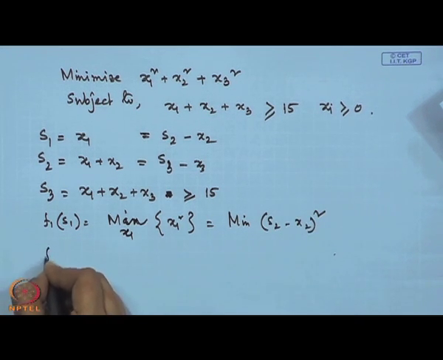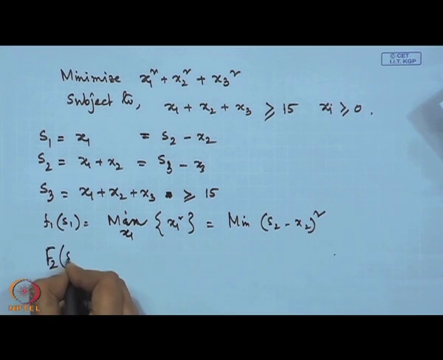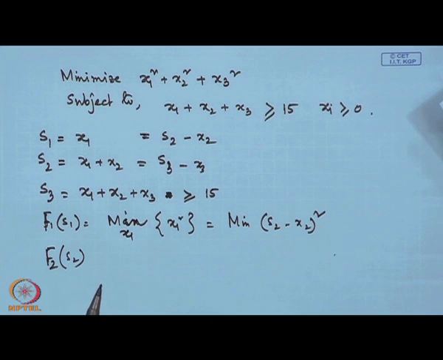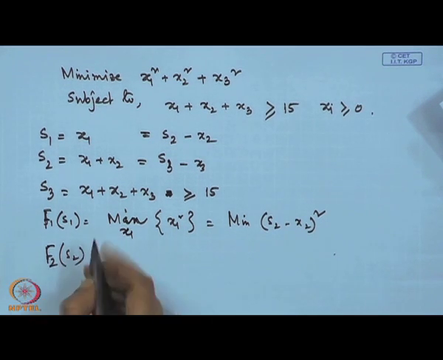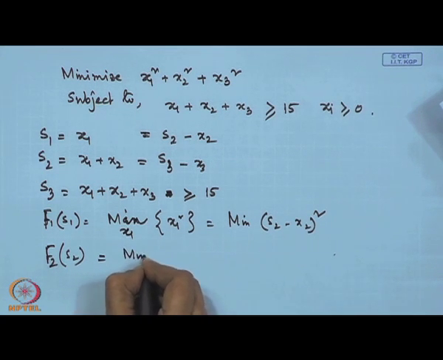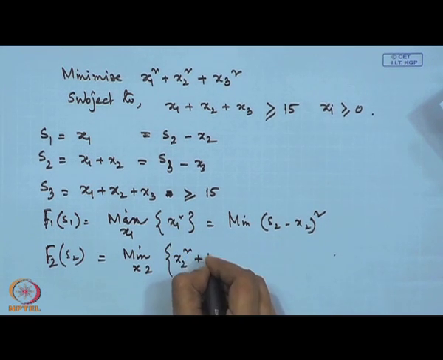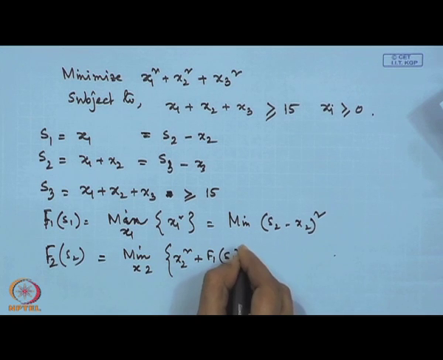Let us move to the next, that is F2 S2. Let me consider the capital F, because we have considered in this model small f as variable name. If this is so, this is equal to minimization of x2 square plus f1 s1.